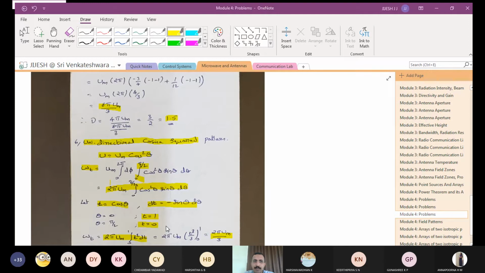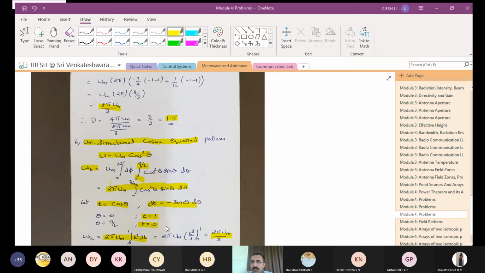This type of shuffling we have done in one of the problems before as well. You might have noticed there also, you have shuffled the limits, as well as you have 0 to pi, and in some cases it goes to 0. So what we have done is 2 times of 0 to pi by 2 we have written. All those small things whatever we have done in different problems, you should make a note of it, because you may end up with 0 and that is not correct.